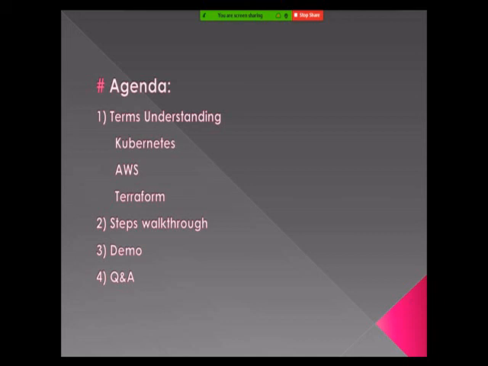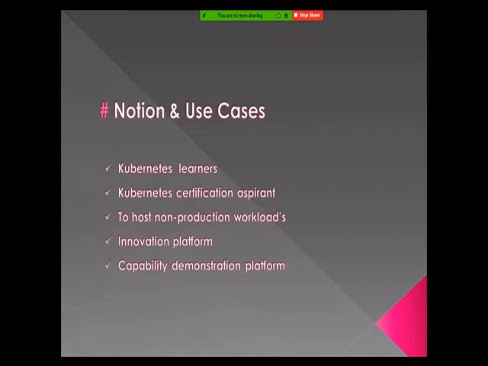The third thing is the demonstration, where I will walk you through how we can execute all these steps on your laptops, how we can execute the Terraform steps which will create the infrastructure on AWS, and on top of that we'll create Kubernetes clusters and deploy our first Hello World application on them. And the last but not the least is question and answers. Hope that's okay.